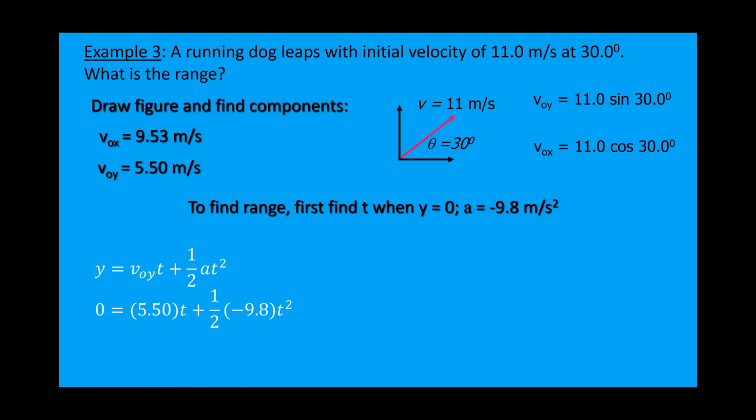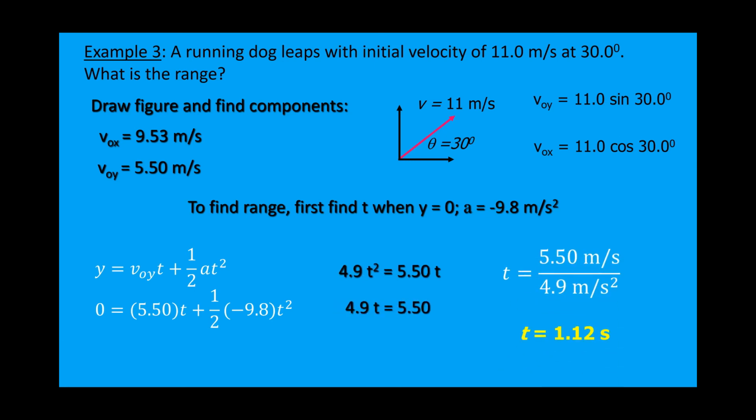The vertical displacement is 0, its vertical initial velocity is 5.5 meters per second, and it's going to be accelerated because of gravity at a rate of negative 9.8 meters per second squared. So I just plug it into that equation like we did in the previous problem, solve for t. And that means the dog is in the air for 1.12 seconds.